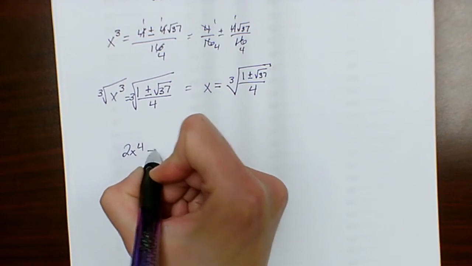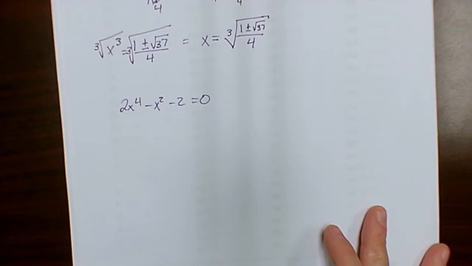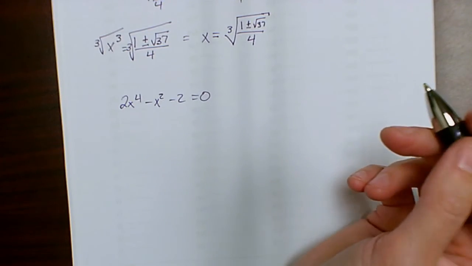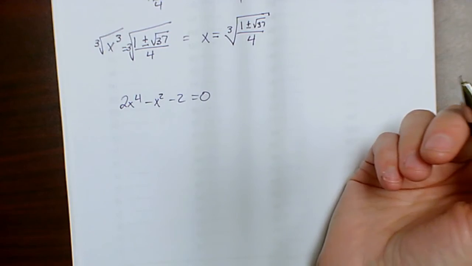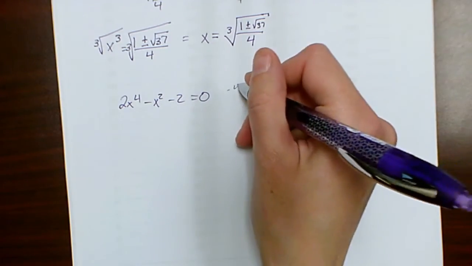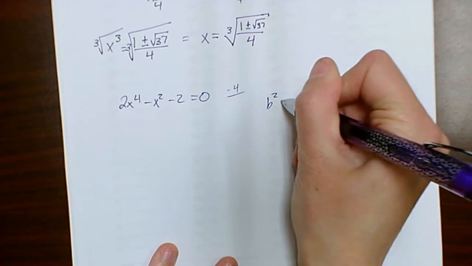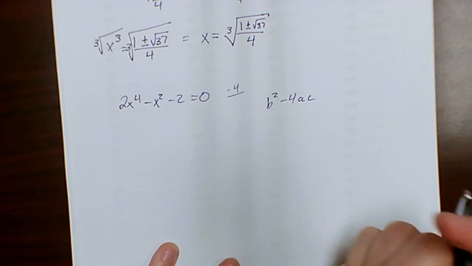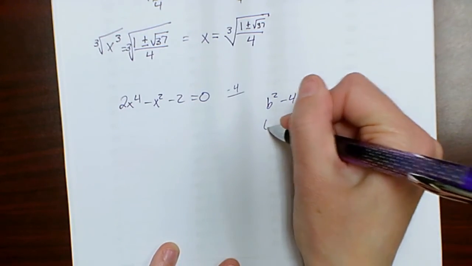One more, and then we'll cut the video. 2x to the fourth minus x squared minus 2. We don't have factors of negative 4 that add to negative 1, or if you want to do the discriminant test to make sure that we cannot factor this, because that would actually be a pretty good one to factor.